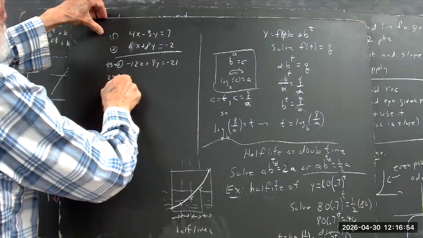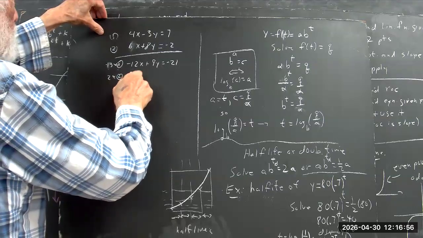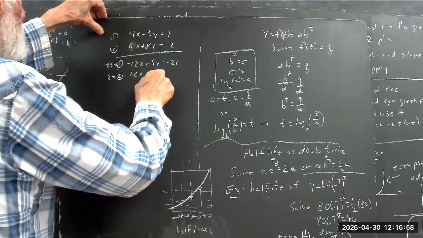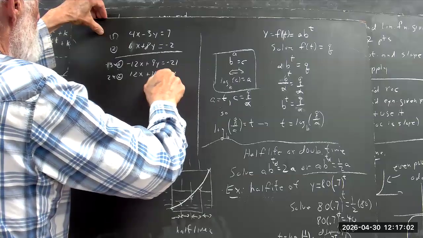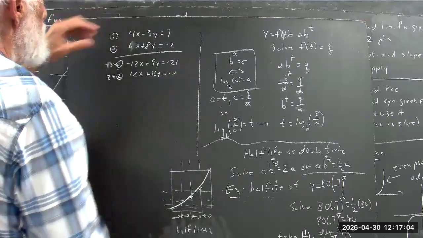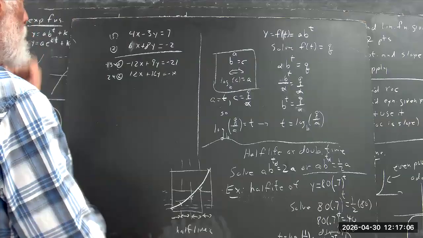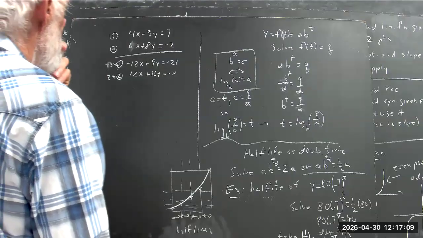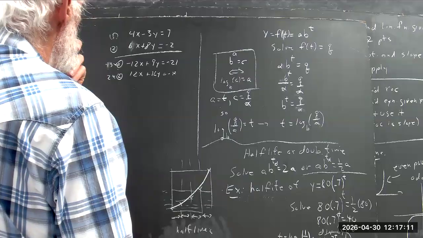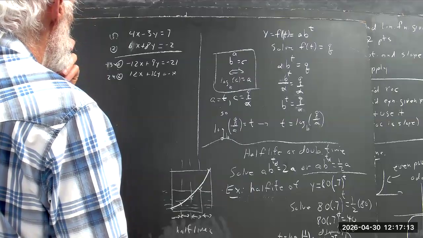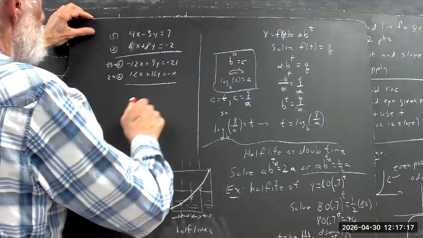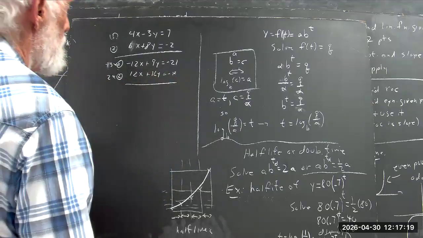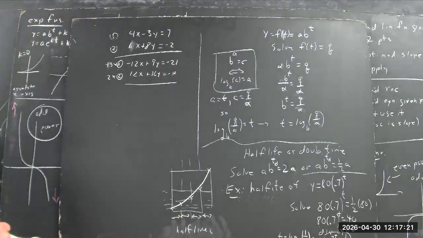If I do 2 times the second equation, I get 12x plus 16y equals -12. That's right. Something's wrong with my numbers. Shouldn't be, though. Okay, well, let's see what happens. So I can't be right.